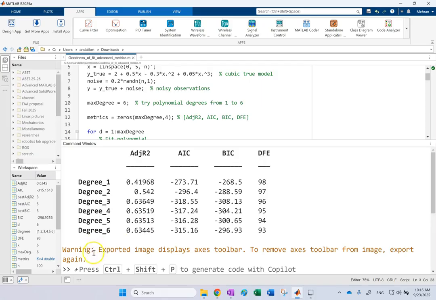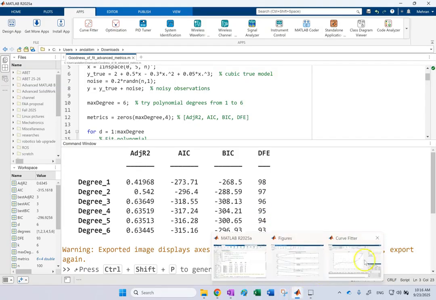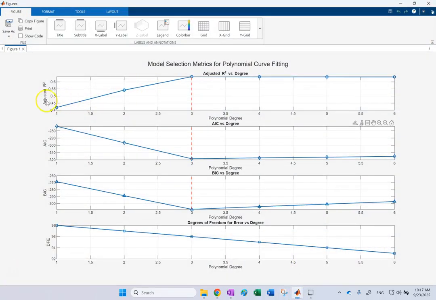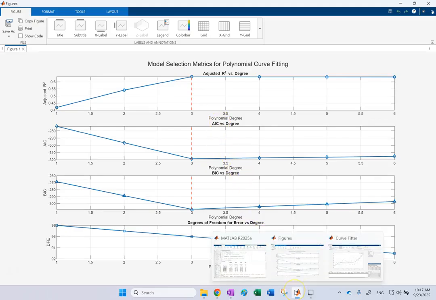DFE, you see it just keeps going down. So clearly, if I look at the value of adjusted R squared for different polynomial orders, I have a peak here, and that is at 3. There is a very small slope here, but clearly the peak happens at 3.